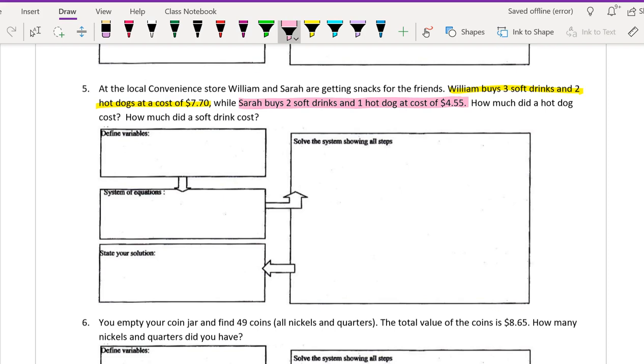How much did a hot dog cost? How much did a soft drink cost? Well, there you go. There are your 2 variables. They want to know how much is a hot dog, so we could call H the cost of a hot dog, whereas D is the cost of a drink.